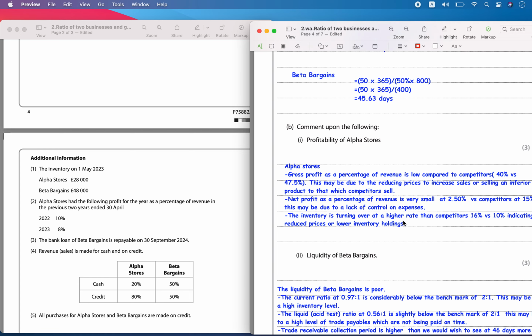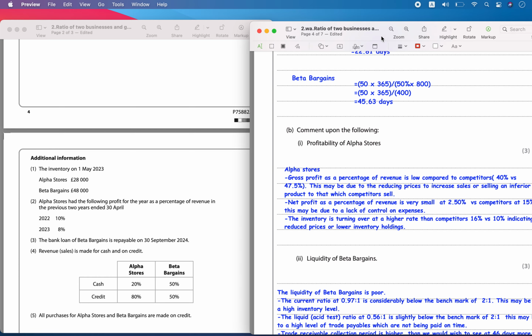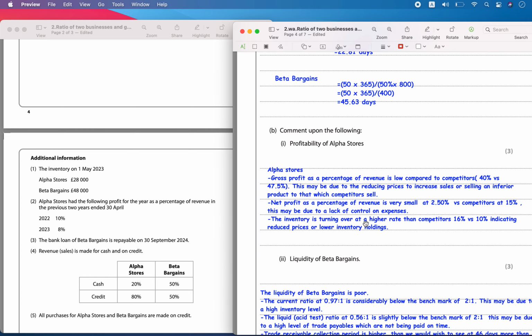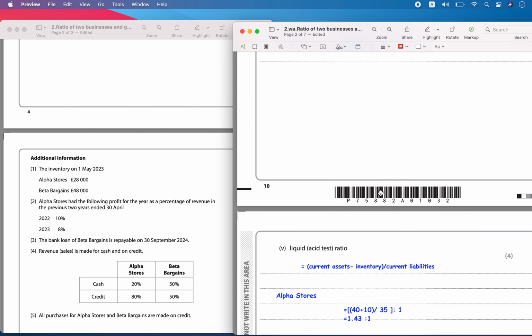Then inventory turnover. Inventory turnover for Alpha was 16 times and for Beta 10 times. It was better, so what does that mean? Alpha has a low value of closing inventory.